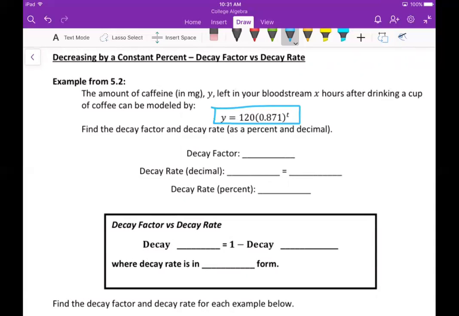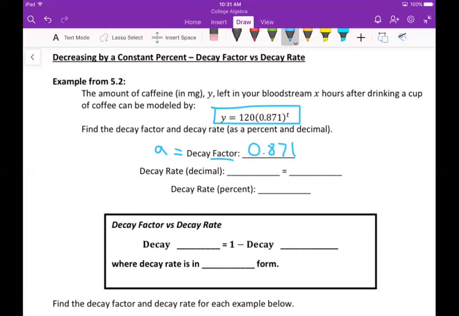So remember, the factor is what you always see in your function. Again, that's your a value. Even with decay, it's still the a value. So we're seeing here that our decay factor is 0.871. But now, as we think about what that is, it's not our decay rate.